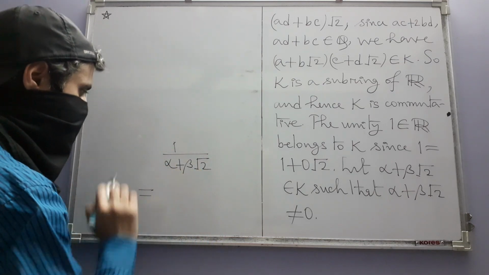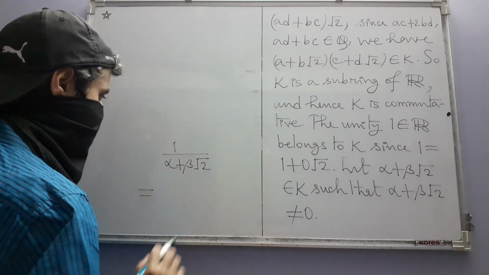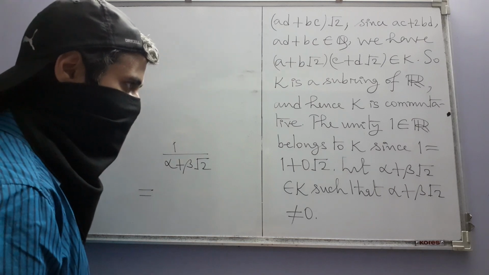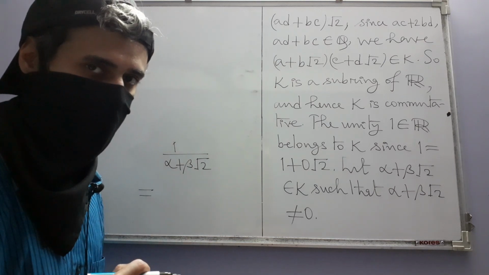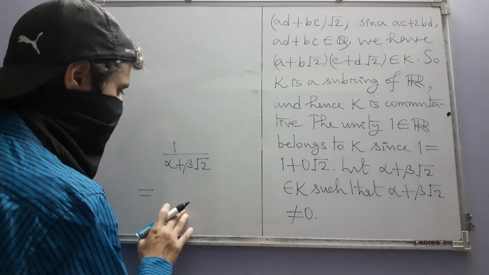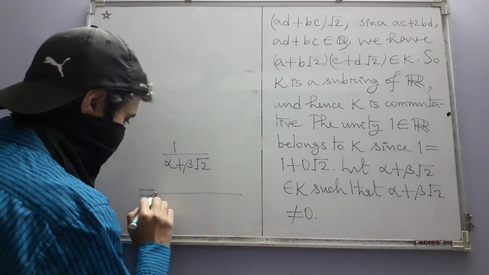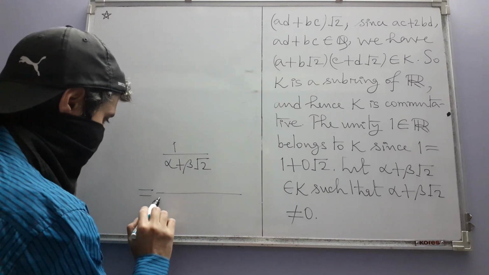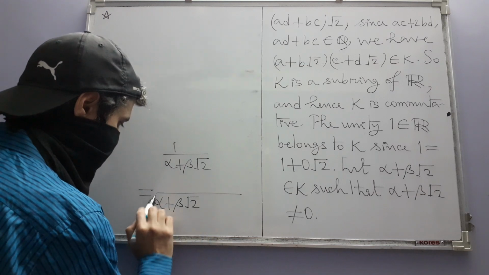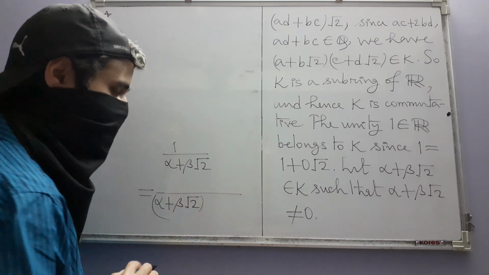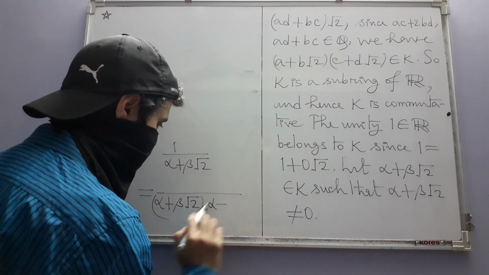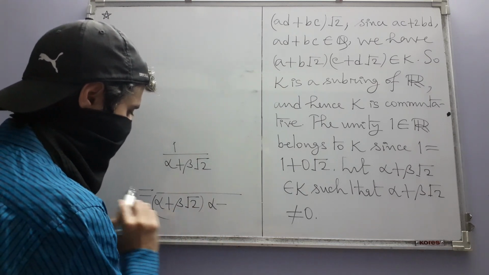In trying to show that this belongs to K, you will have to do something which goes by the name of rationalizing the denominator. You may have learned about it in school, where what we do if we are given one such thing, then we multiply and divide by the conjugate of this type of number, and that conjugate looks like this, where we just change the sign.